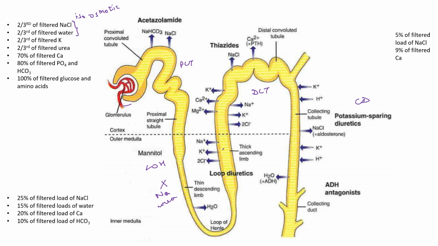In the late DCT and the collecting tubules, two types of cells are seen. They are the principal cells and the intercalated cells.